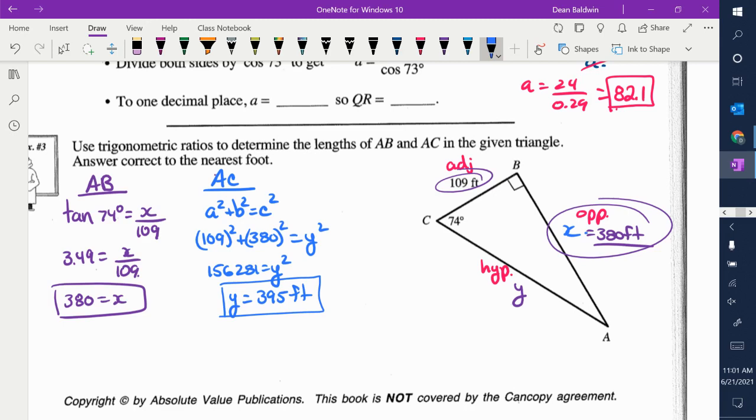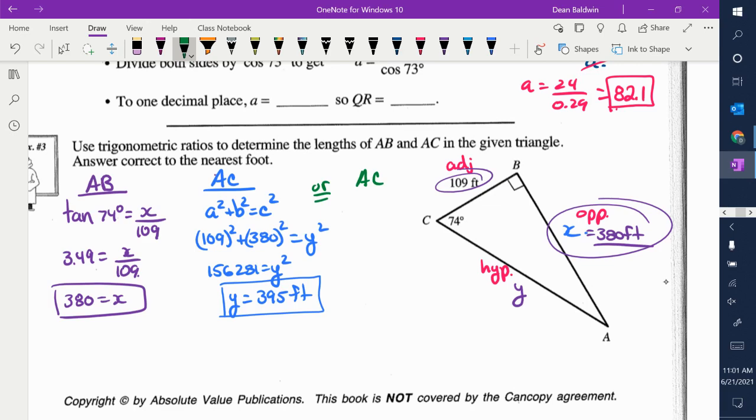That's what I'm going to do in a sec here, because you can do it that way too. If you do mess up the opposite, yeah, you'll get it wrong. But you can use the Pythagorean theorem, but you can also use trig. This is the hypotenuse.